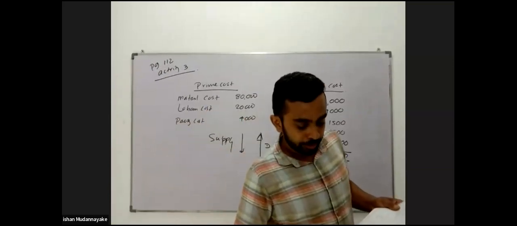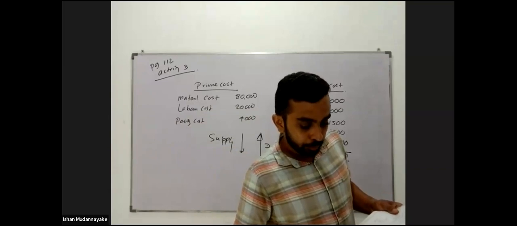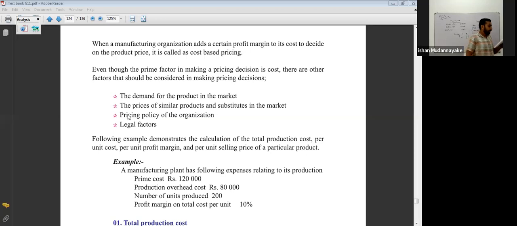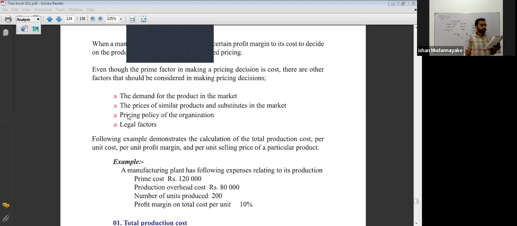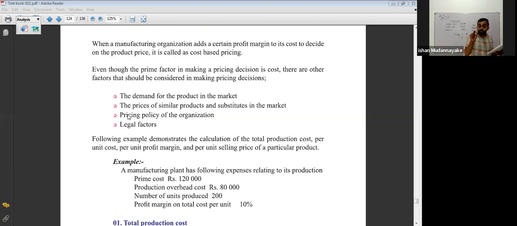Okay, other factors that we need to consider. At first, we need to focus on demand for the product. And the second one, the prices of similar products and substitutes in the market. When the Munchee Biscuit Company is deciding the market price of their products, they need to focus on the prices of the Maliban Company.